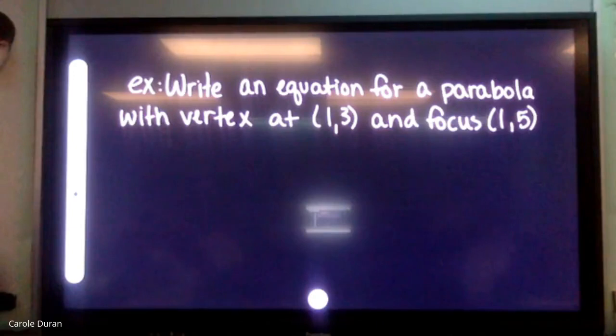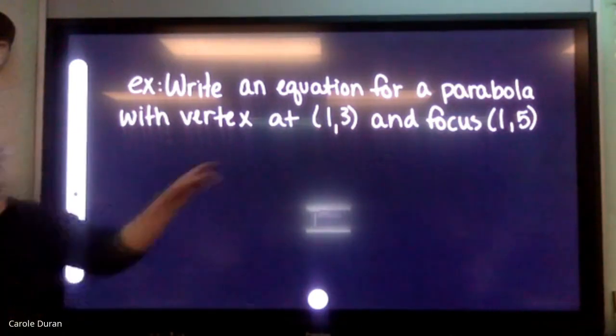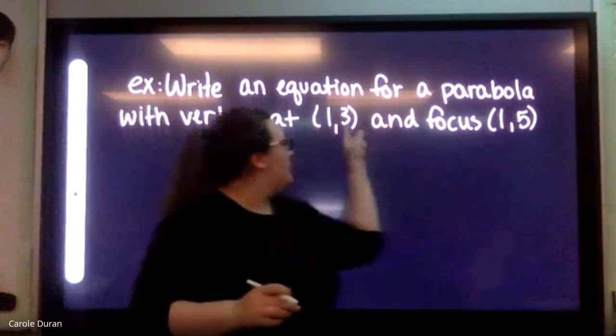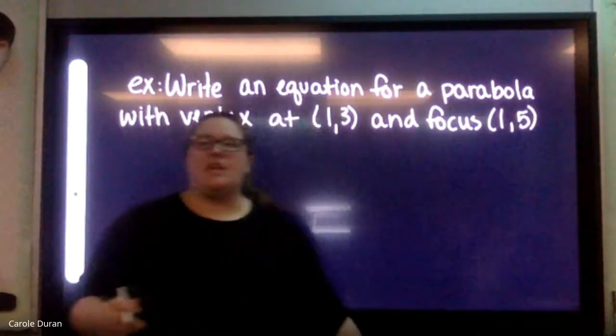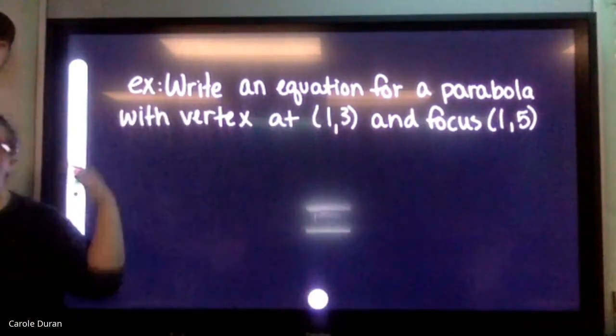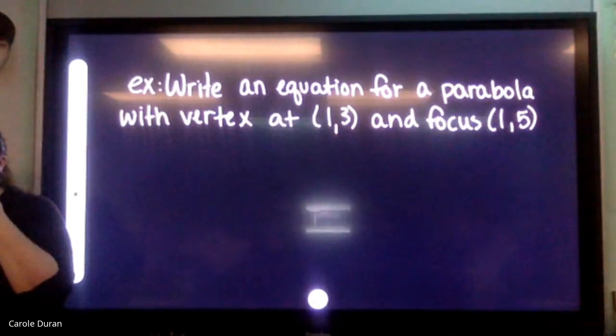The first thing I'd like to do on a problem like this one, where I was given a vertex of (1, 3) and a focus of (1, 5), is compare the vertex and the focus to figure out which coordinate is the coordinate that we changed. Because determining that will help me determine which type of equation I need to be writing. So which of the coordinates, the x or the y, is the one that changed from the vertex to the focus? The y.